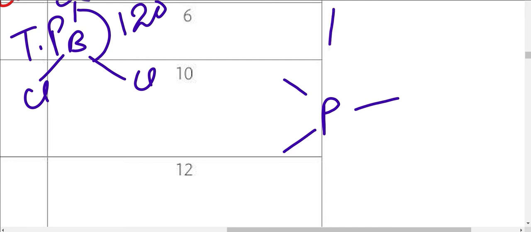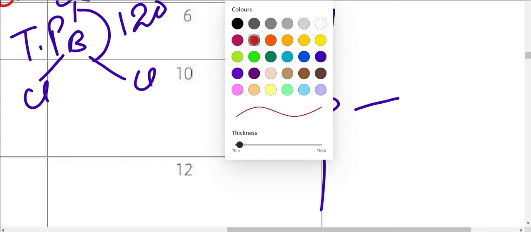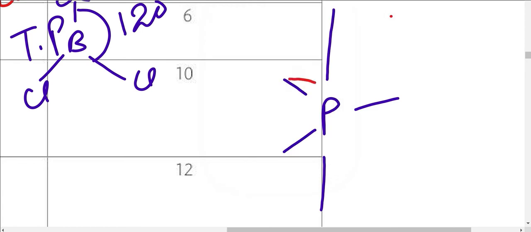This is at the top of the trigonal planar, and this is the bottom of the trigonal planar. Yani you have a kind of triangle which is having equal sides. This is a triangle actually. In the center of the triangle, you will find phosphorus exactly. Now the bond angle which phosphorus is making here is 120.